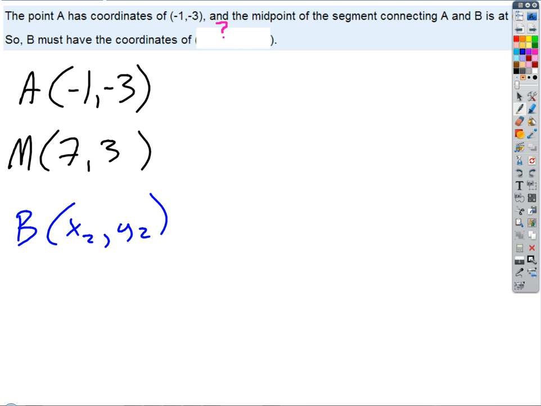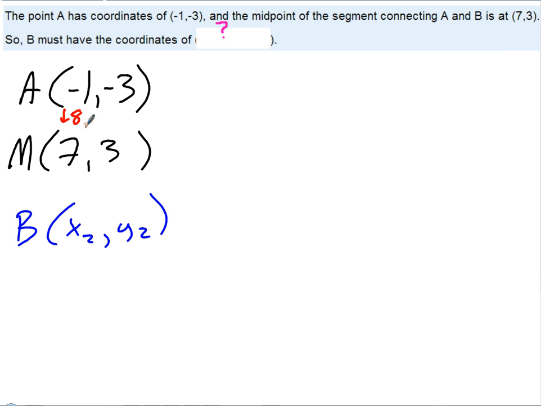Okay, good. So we could say the distance from this endpoint of -1 to the midpoint, I mean, to the midpoint 7, sorry, is how much? Is 8. Okay, so I'm going to change by 8 when I go from there to there. So what do I have to do to get to the other endpoint? I have to change by 8. So 8 plus 7 is 15.